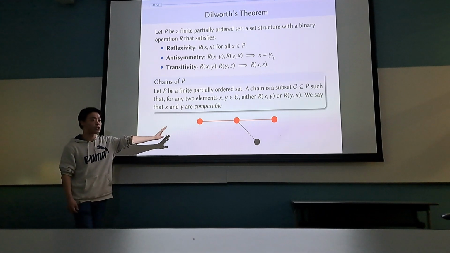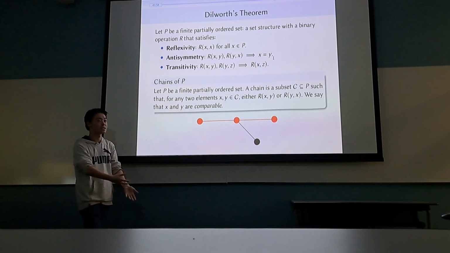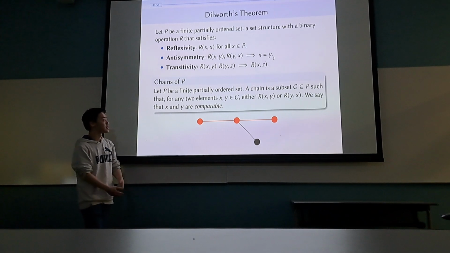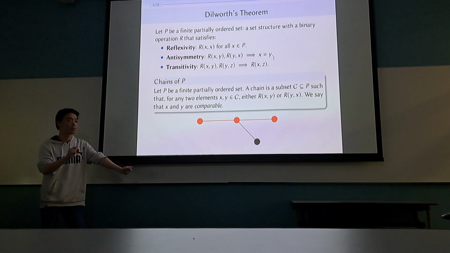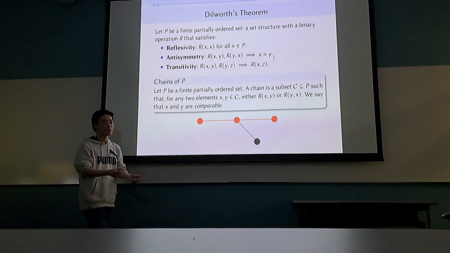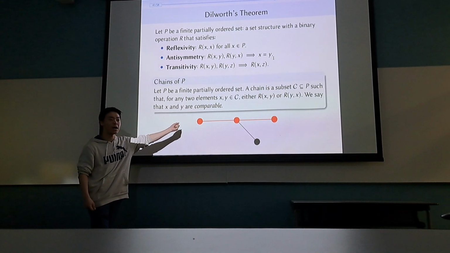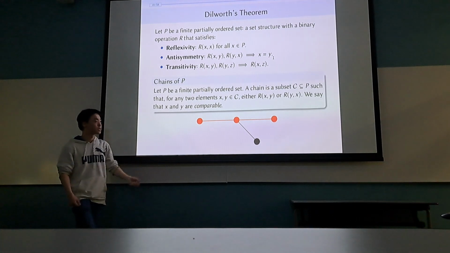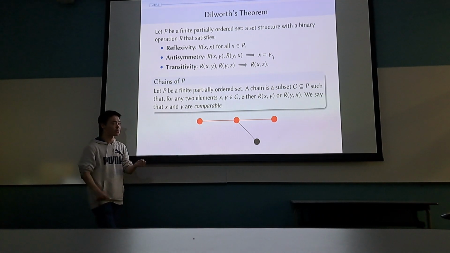We're going to denote a chain to be a subset of P, a set of objects, such that if I take any 2 elements in my chain, they have to be comparable in some way. We define comparable by there has to be a relation between x and y, or y and x. So for any 2 elements x and y, they have to be related.